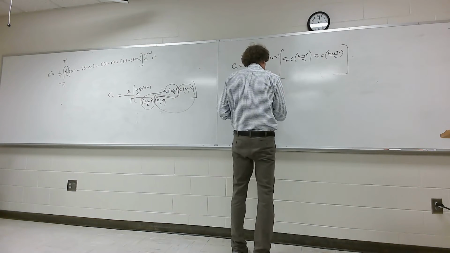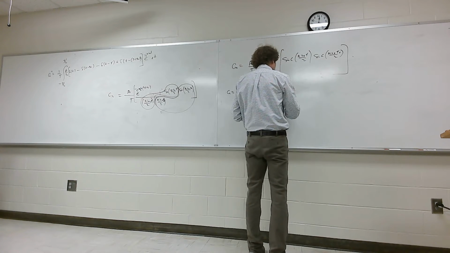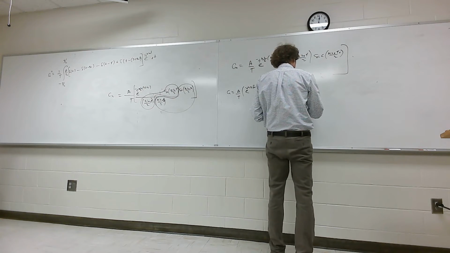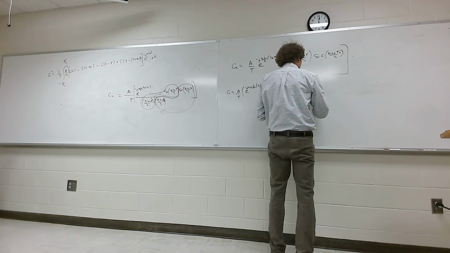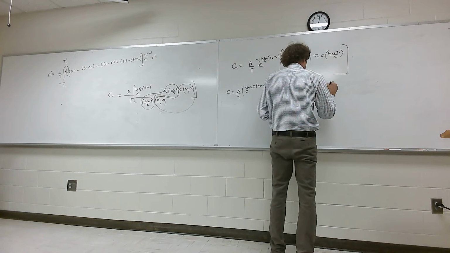This becomes the sinc of n pi f naught tau. And this is going to be the sinc of n pi f naught tau rise.